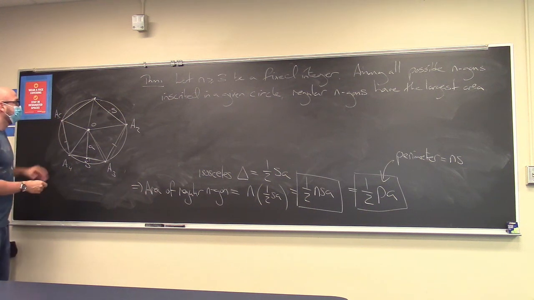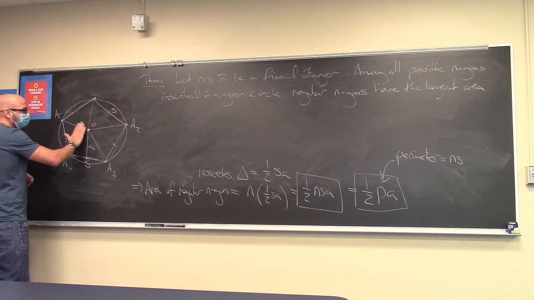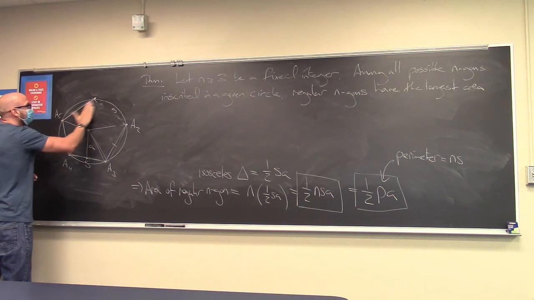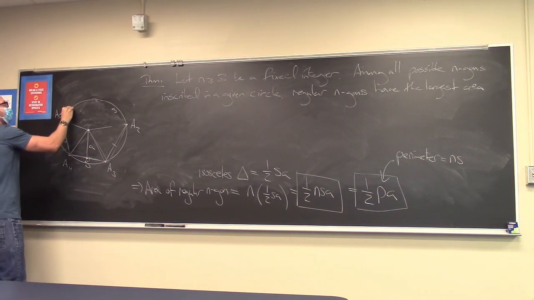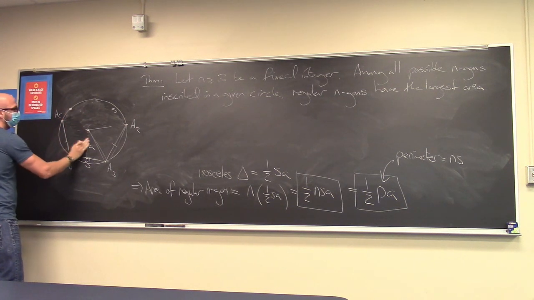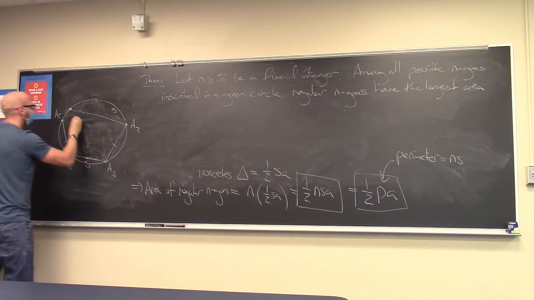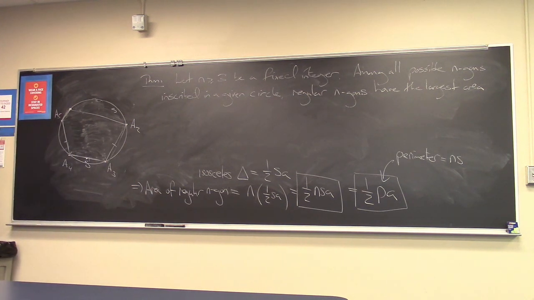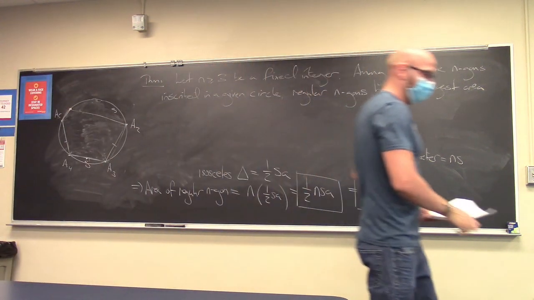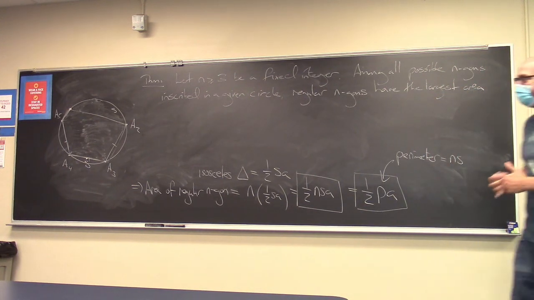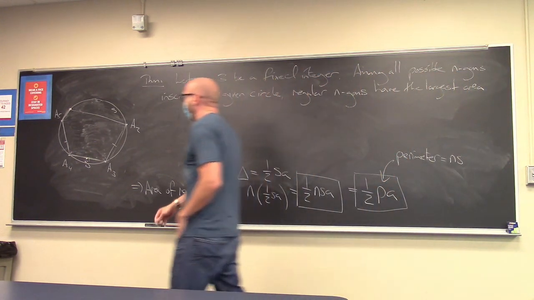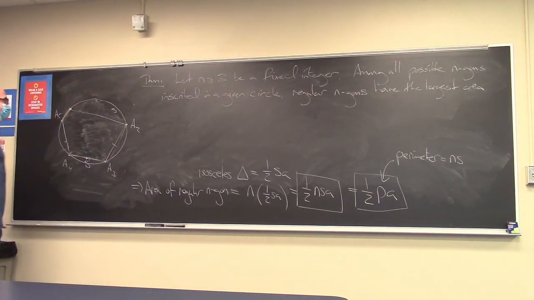That is, if I wanted to inscribe some other pentagon in this, so maybe instead of going regular, I'm going to move this vertex over here. Here's another inscribed pentagon. That's guaranteed to have less area than my regular pentagon. So regular polygons are nice in the sense that they maximize area of inscribed n-gons.